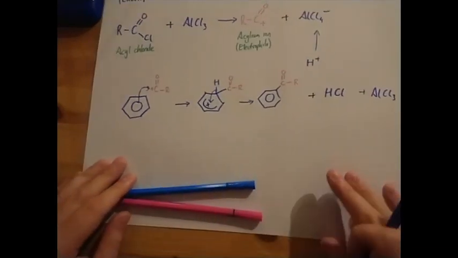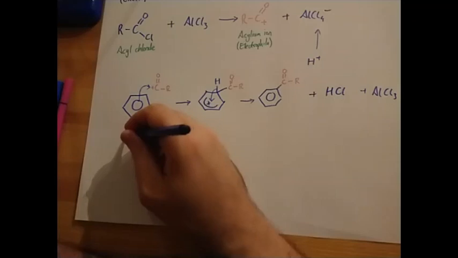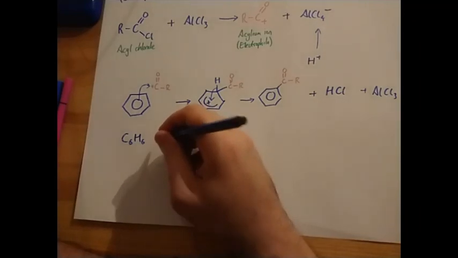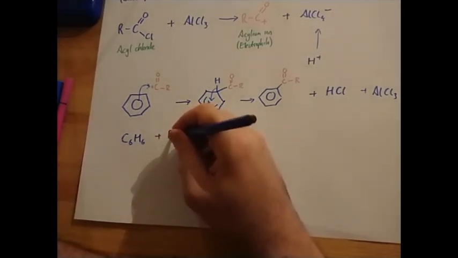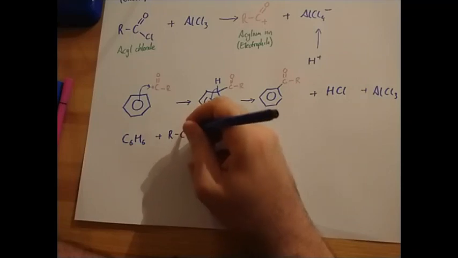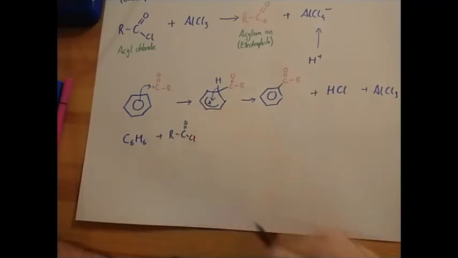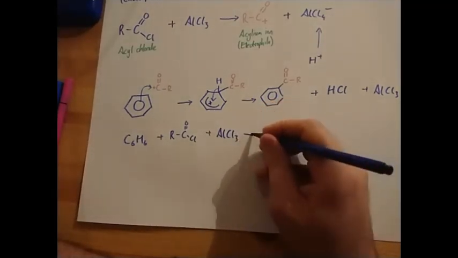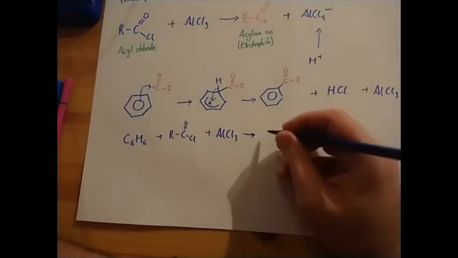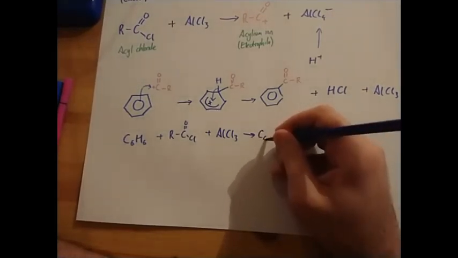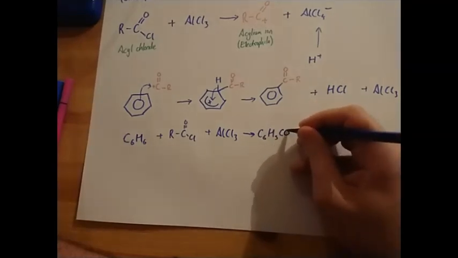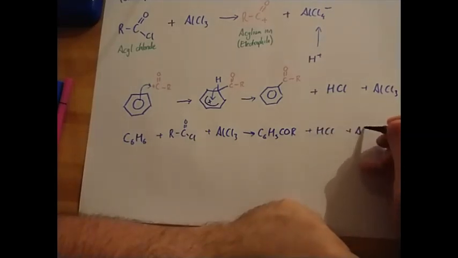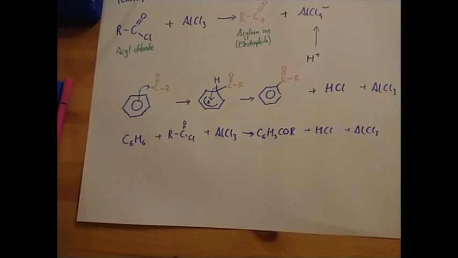So if we decide to write this all out as a big chemical reaction, we're going to have C6H6 for the benzene, plus R, whatever our acyl chloride is there, plus the AlCl3, and it's going to produce this benzene ketone molecule, HCl, and it's going to reform the AlCl3.